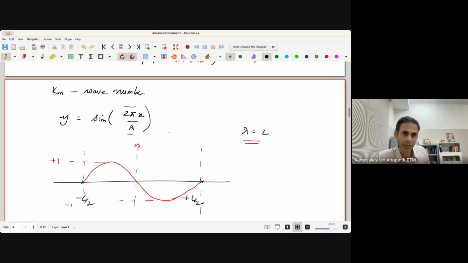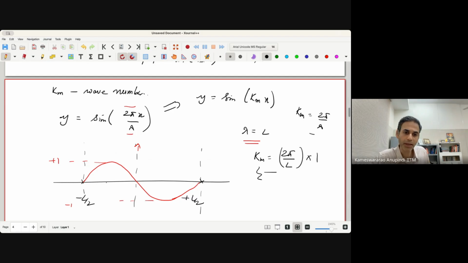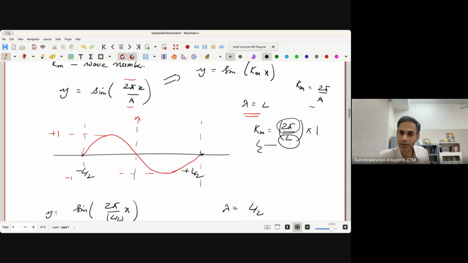I can compare this to y equals sine of k_m x, so my k_m equals 2 pi by lambda. In this case lambda equals L, so my wave number k_m is 2 pi by L times 1. That means I can fit a period of 2 pi in a length of L, so in a length of L I can fit one such sine function.